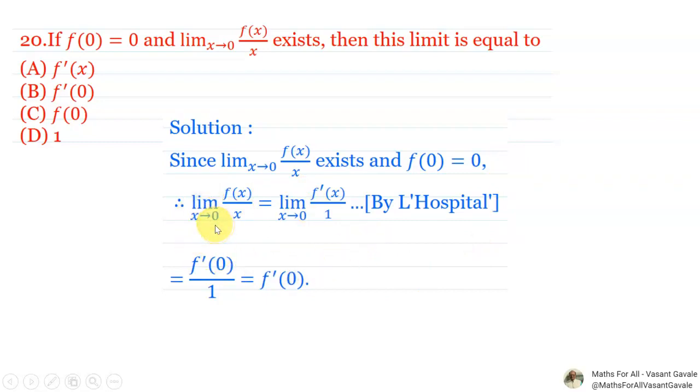Limit x tends to 0, f of x upon x, the derivative of f of x is f dash of x, the derivative of x is 1. What about the f dash of 0? That is f dash of 0, derivative of x is 1. Overall, you will get here f dash of 0 upon 1, that is equals to f dash of 0, and hence option B is correct here.